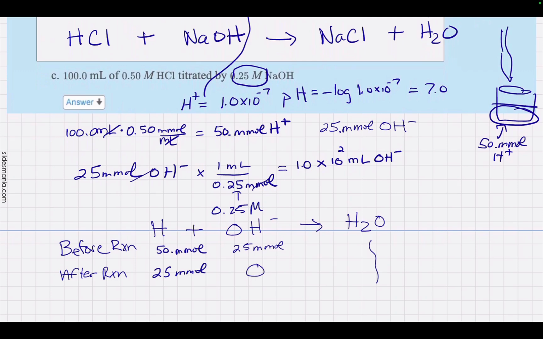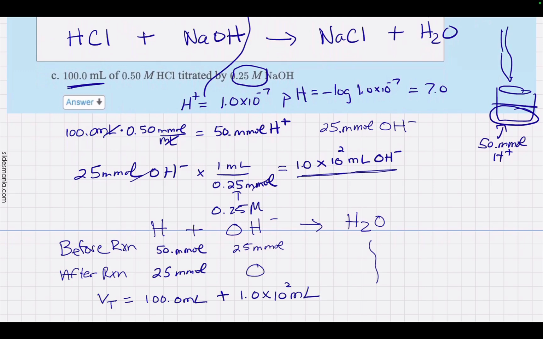So we're ultimately trying to get the pH at this point. We're going to get the molarity of the hydrogen ions, but before we do that, let's do the total volume, which is the 100 mL of the acid given in the question, plus the 100 mL of base that we calculated up here.